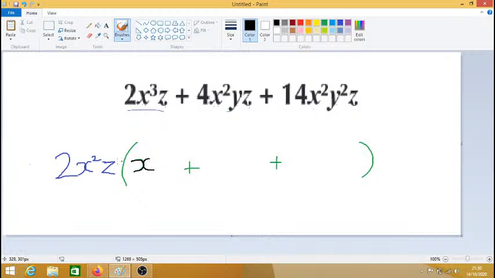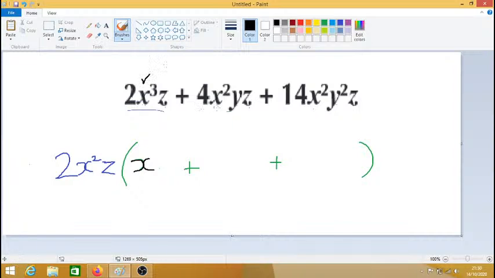Will I need anything else? No, because the z is already there at the front, so that's fine. 2x squared z is the common factor, and all I need in the first part of the bracket is the x. That will make the first term.